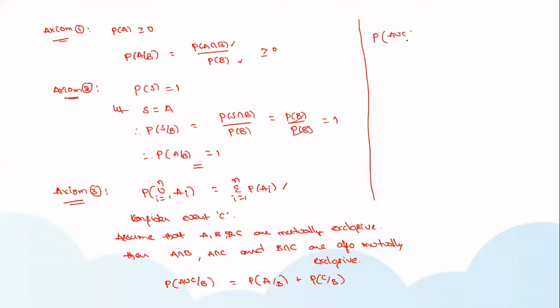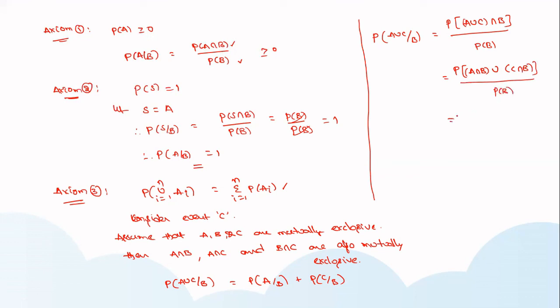Probability of A union C given B is equal to, this is simply the A given B formula, probability of A union C intersection B divided by probability of B. All are mutually exclusive, and I am taking a simple modification here, that is A union C intersection B is written as A intersection B union C intersection B, divided by probability of B.